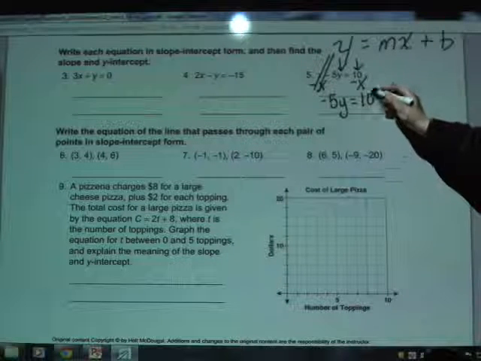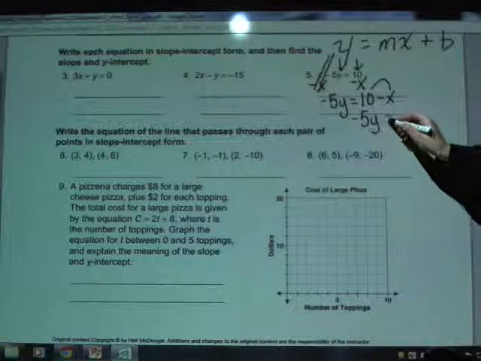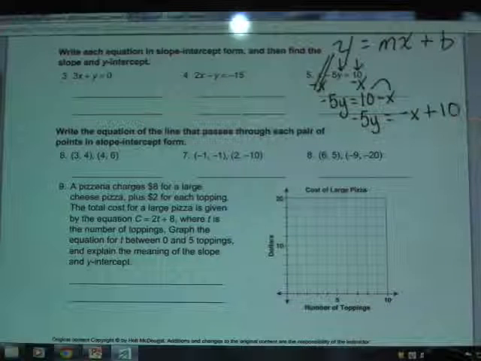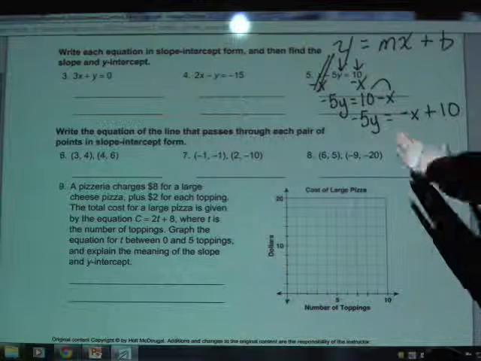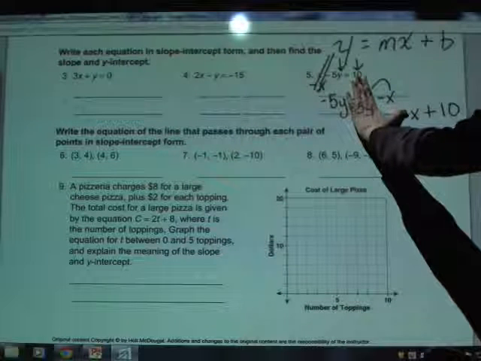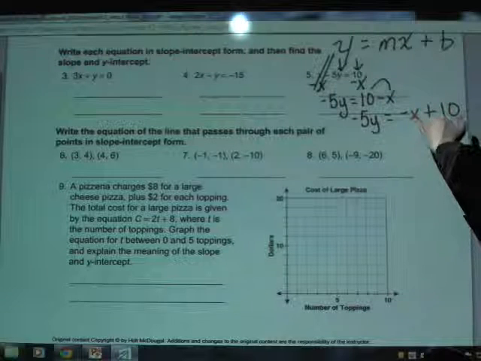So I'm going to go ahead and fix this little mess here and rewrite this as negative 5y equals negative x plus 10. Now, if you're struggling with that, realize here, when I wrote it here, the minus sign was in front of x. So when I rewrite it, that same sign still has to be in front of x.